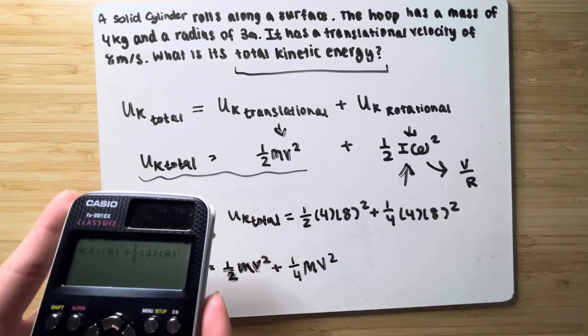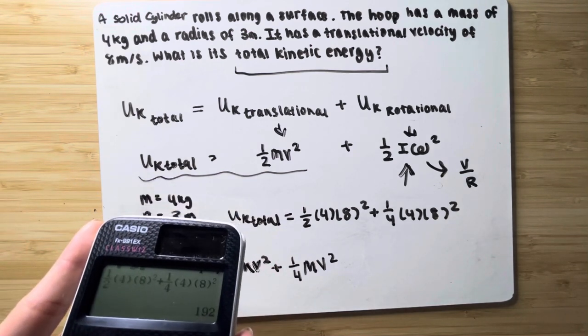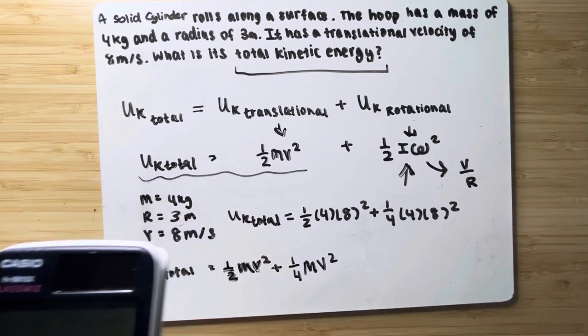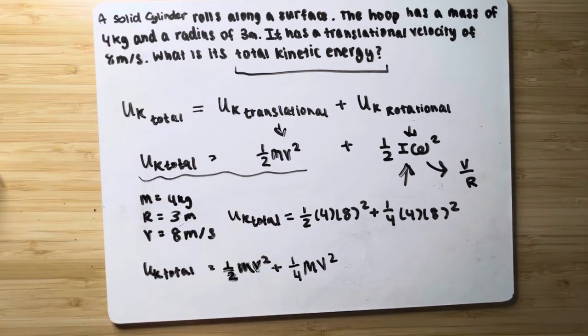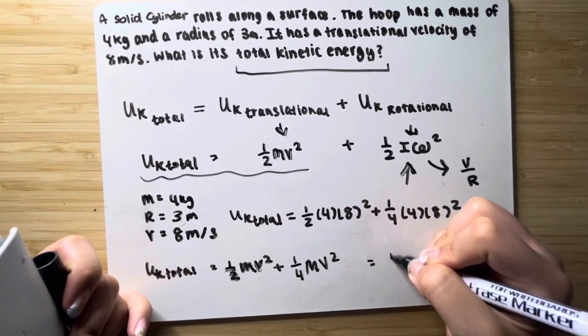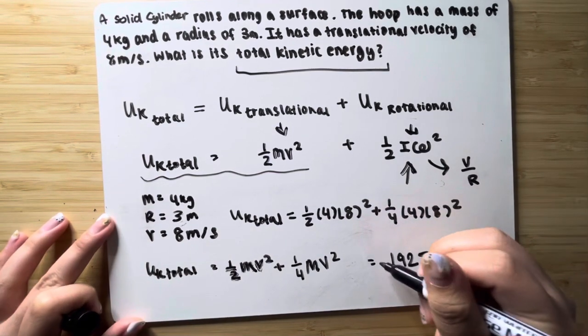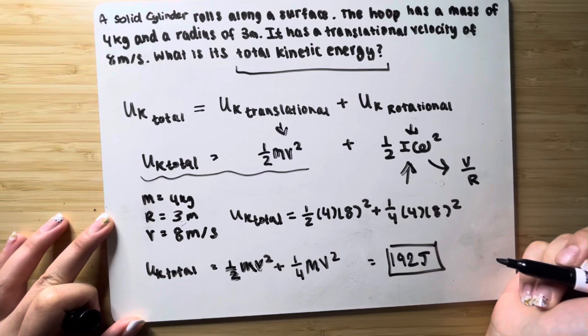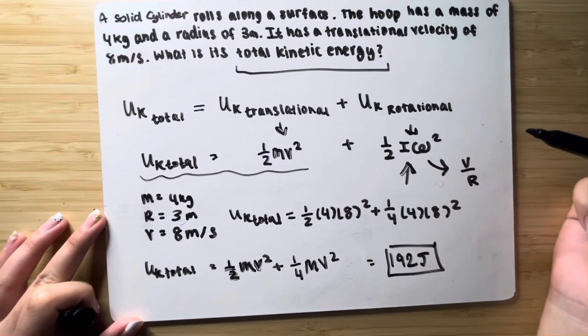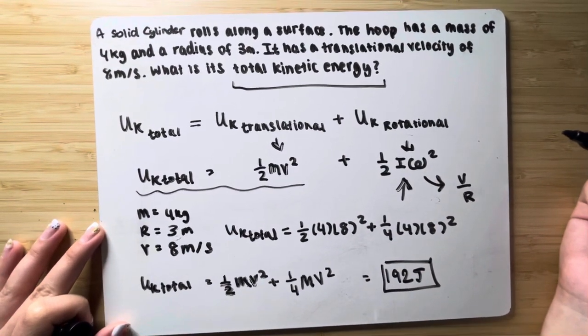You get 192. Therefore, 192 joules is the total kinetic energy for a solid cylinder to roll along a surface.